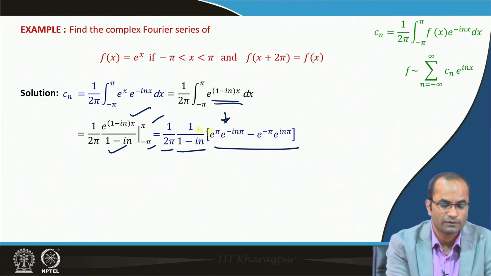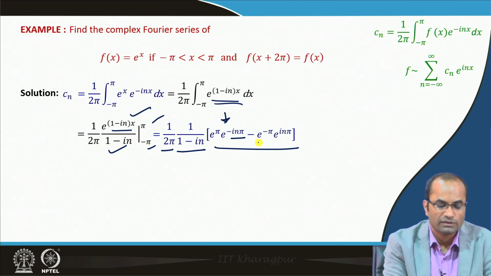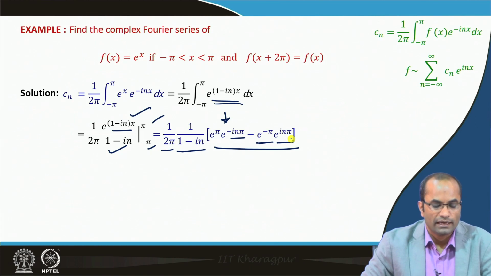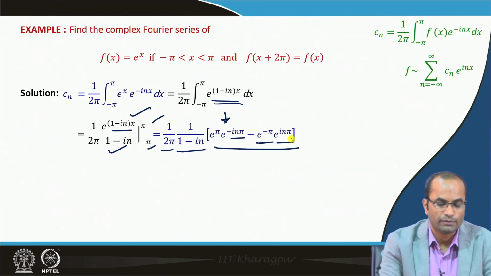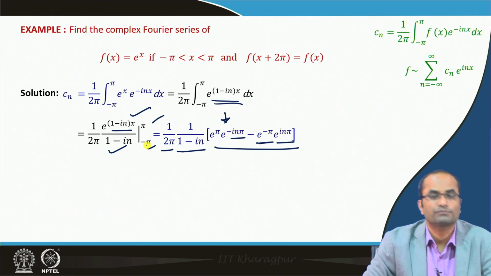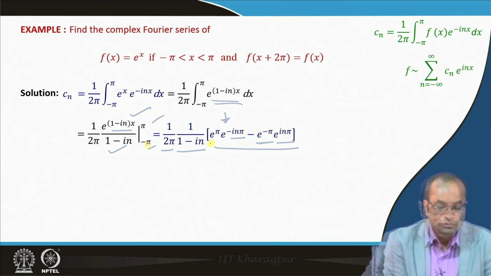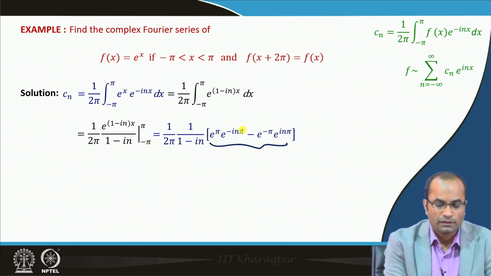So, we have e^pi and e^(-inpi), and then for the minus pi here we have e^(-pi) and e^(inpi) with the plus sign now, because x is substituted with minus pi. So, having this e^(inx) at these two places.